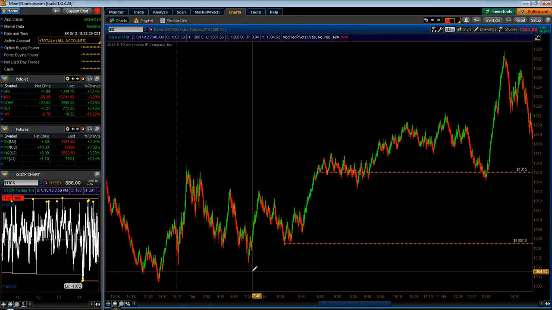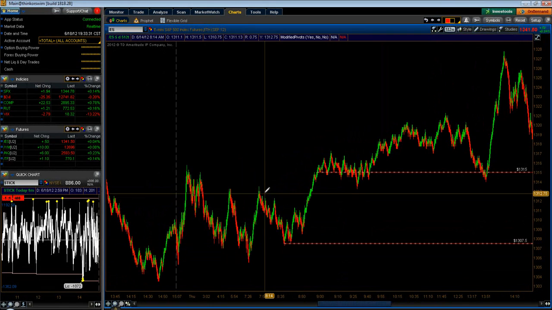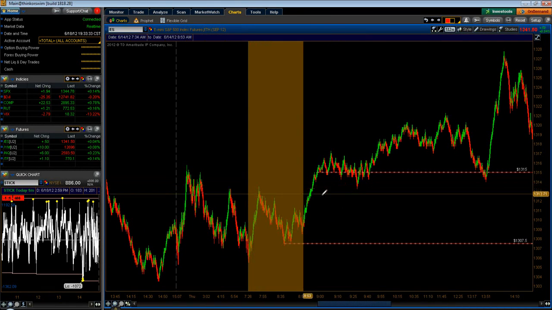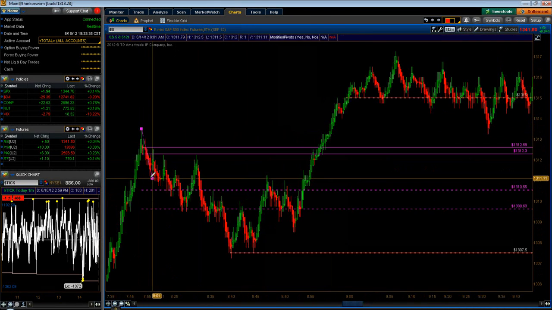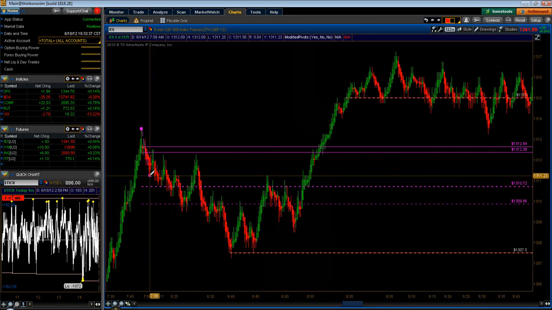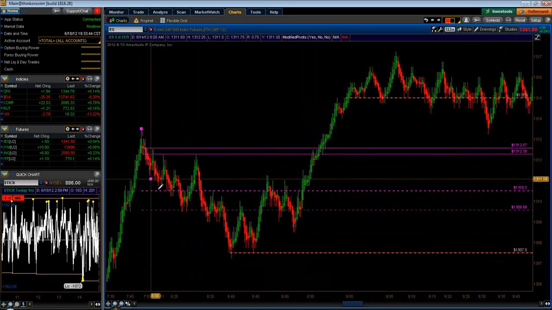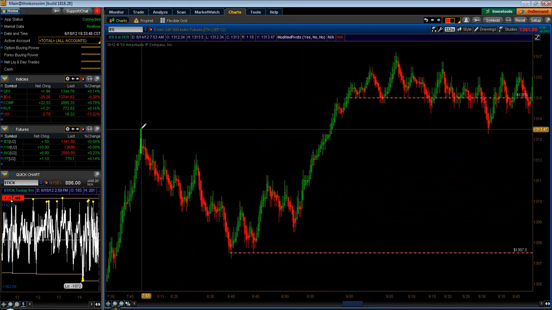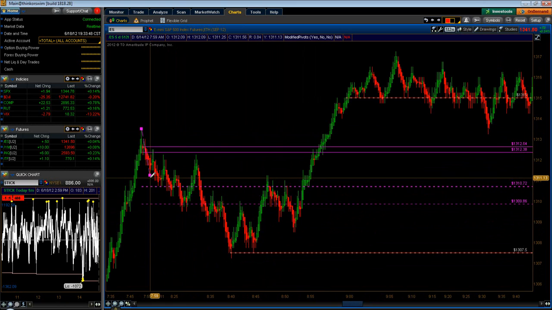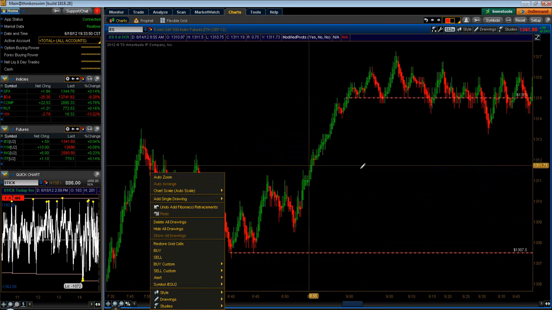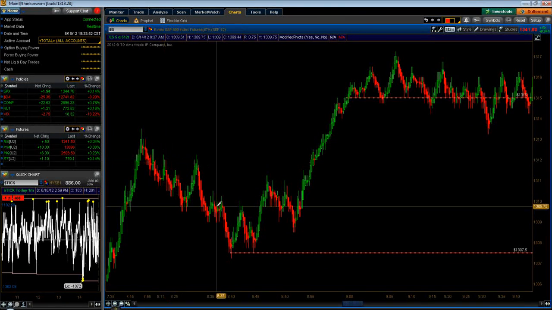So we traded down into the gap fill, rallied above it, and then set up again short at 8 o'clock. And this particular trade I was taken out of just because we ended up retesting up here, and I think I was ticked for a tick or two. But then we ended up moving down into the close of the prior day, Wednesday.